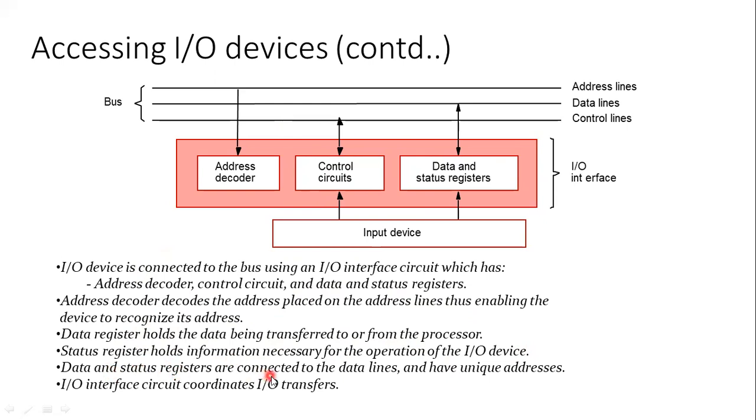Data and status registers are connected to the data lines and have unique addresses. This I/O interface circuit controls and coordinates I/O transfers, meaning how you are reading or writing to the memory, or how information is accessed through the processor.